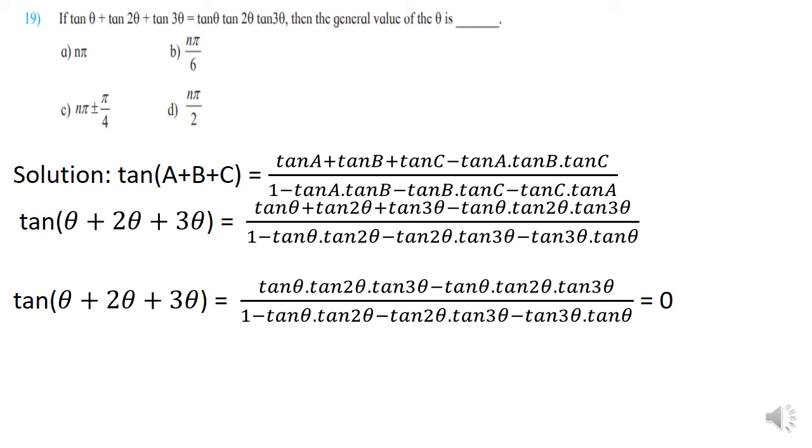And so tan 6 theta, upon adding all the theta, 2 theta and 3 theta, we get 6 theta. So tan 6 theta becomes 0. Thus, using the general value formula for tan, we get the value of 6 theta as n pi plus 0, or theta is equal to n pi by 6. So the correct option is B.